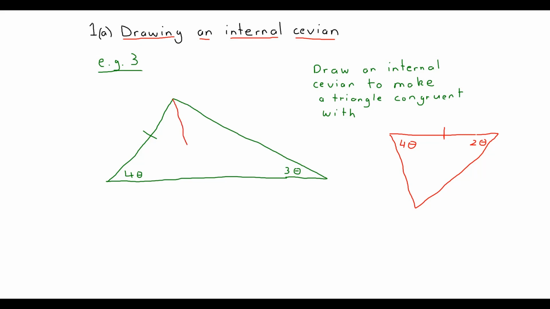That one will do. So I now know, okay, well, I'm going to make this one here equal to 6 theta, and you can possibly see why I want this one to be 6 theta, because 4 theta plus this one here has to equal 6 theta, so of course I'm going to get my 2 theta up here, and there we go.